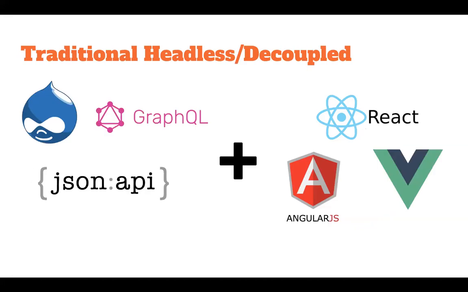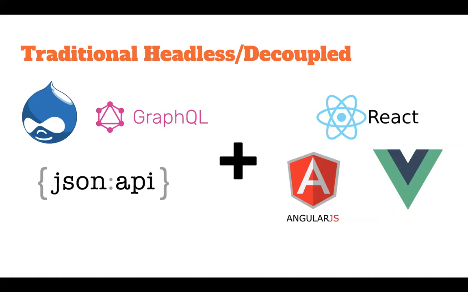Then we have the traditional headless and decoupled. Headless basically just means exposing an API, while decoupled is a microservice, composed of different API services that work with each other.